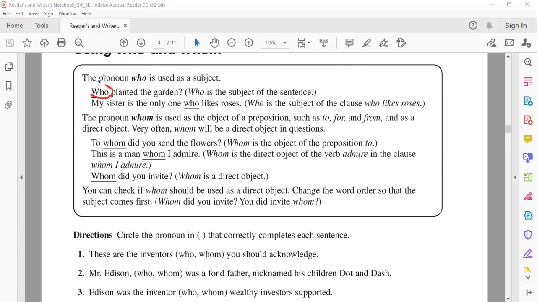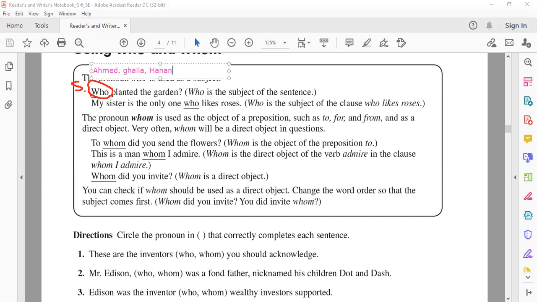So who in this means a subject. I will use it as a subject. So if I remove the word who, I will put the name of the person who planted the garden. Maybe Ahmed planted the garden. Maybe Ghalia planted the garden.